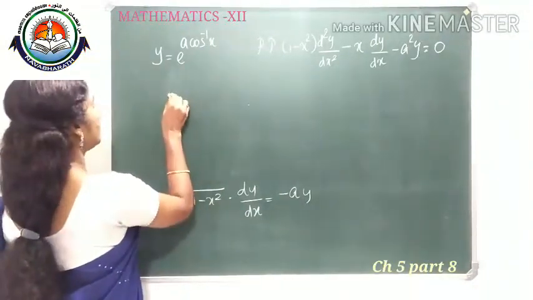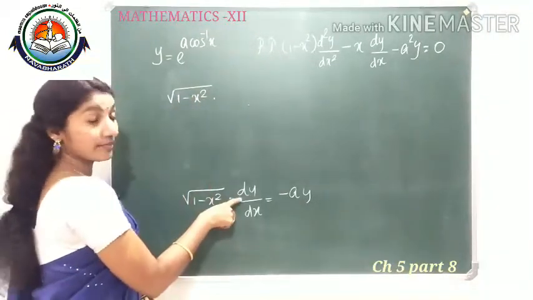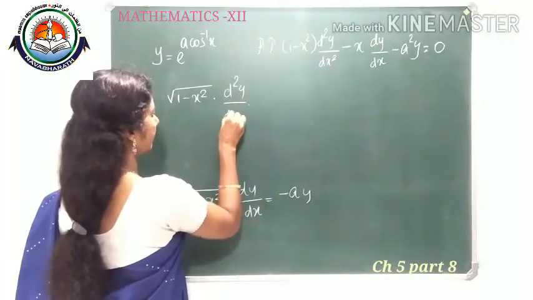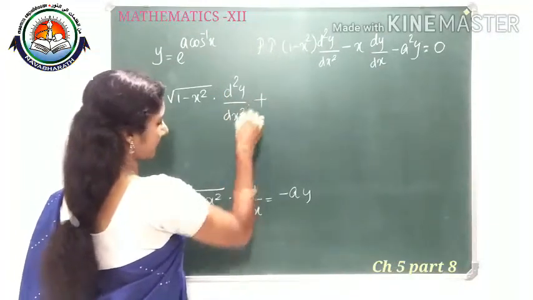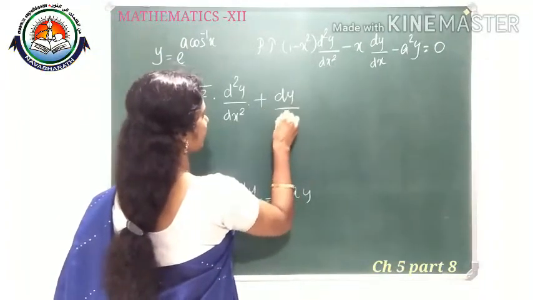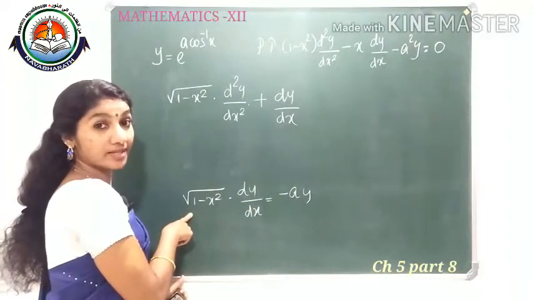First function, root of 1 minus x square, into derivative of second one, d2y by dx2, plus dy by dx into this function into derivative of this one, root of 1 minus x square.